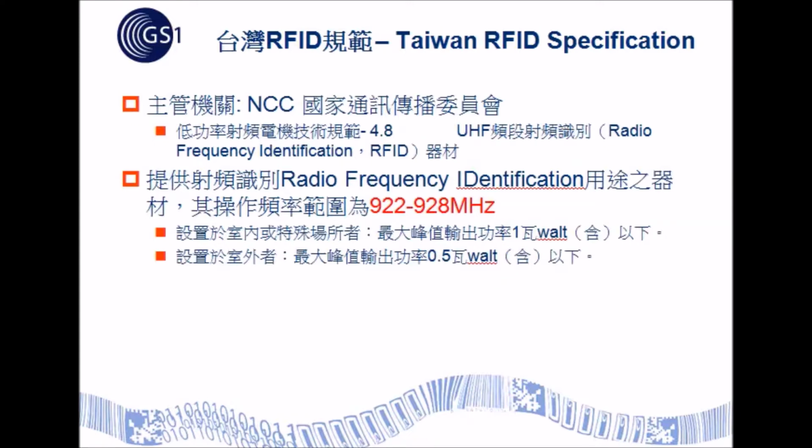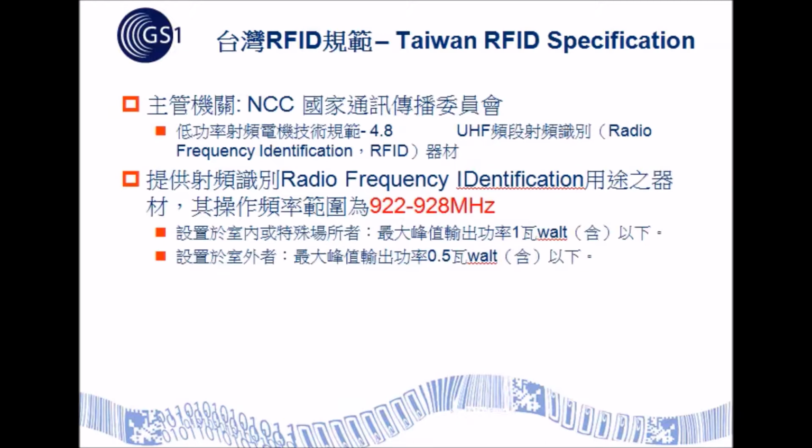If you want to use RFID, radio frequency identification, in Taiwan, the operation spectrum will be located within 922 to 928 MHz, following the definition of the UHF RFID spectrum defined by EPC Global.